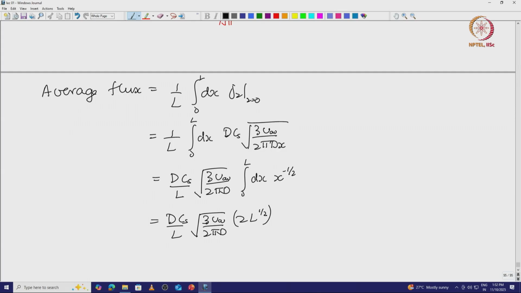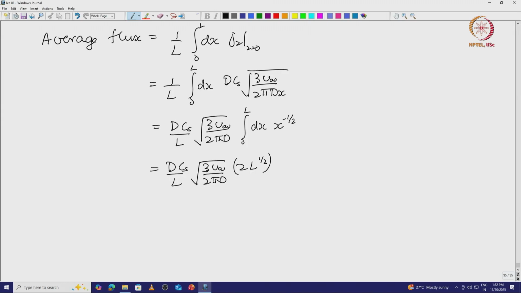And this can be written as root of 6 by pi, d C s by L times Pe_L power half, where the Peclet number based upon the length is equal to V average L by D. So, this is the average flux J average over the entire length.